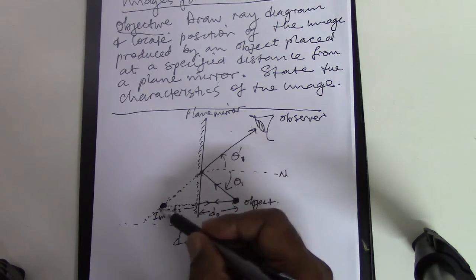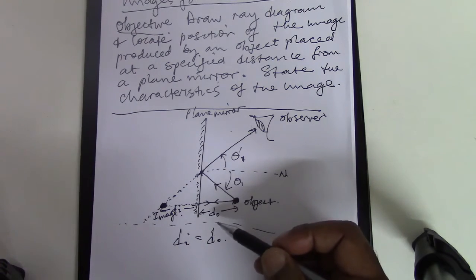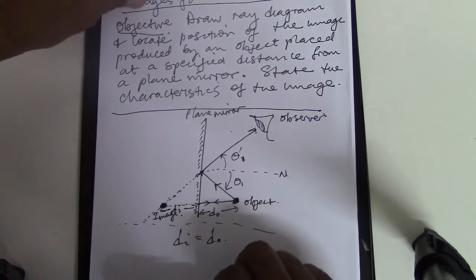Where the extended rays converge, we have the location of our image. You can do this with any object.